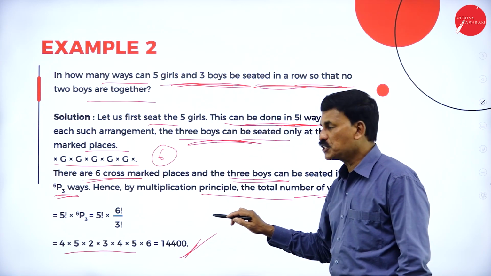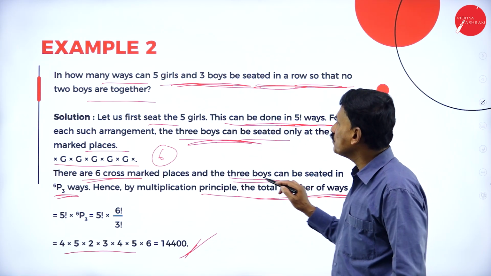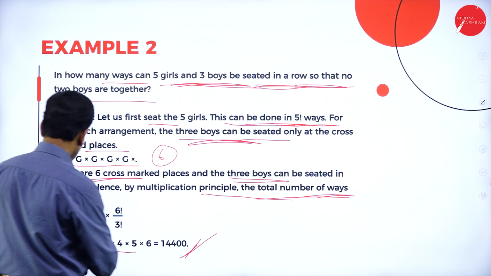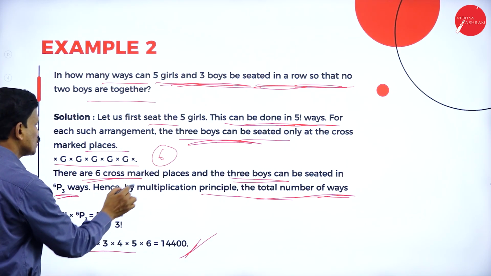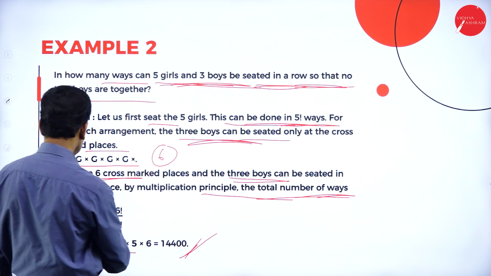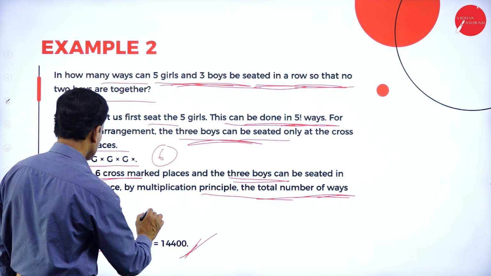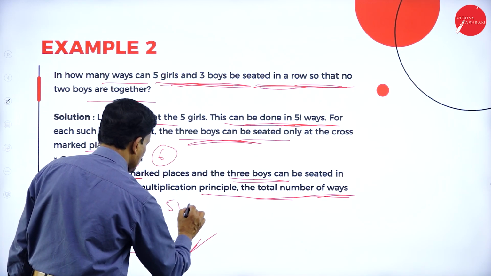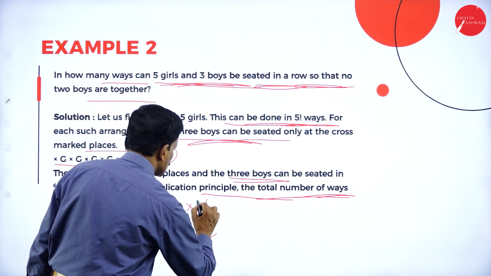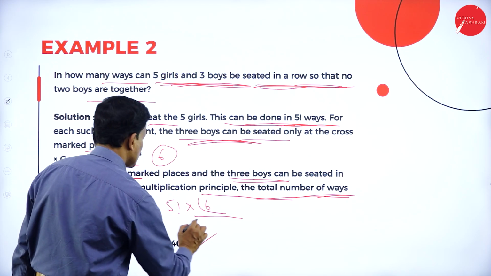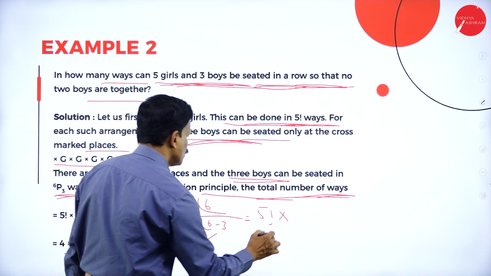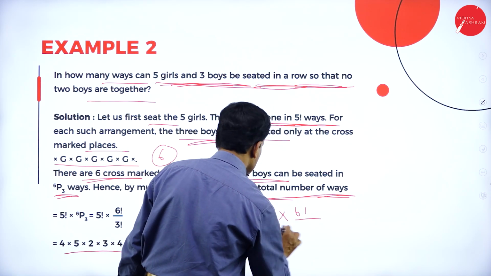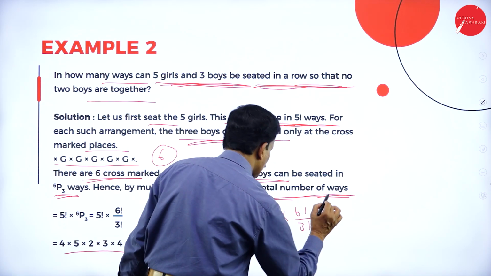Hence, by the multiplicative principle, the total number of ways is 5 factorial, because there are 5 girls, into 6P3. 6P3 is factorial 6 divided by factorial 6 minus 3, which is 3 factorial.